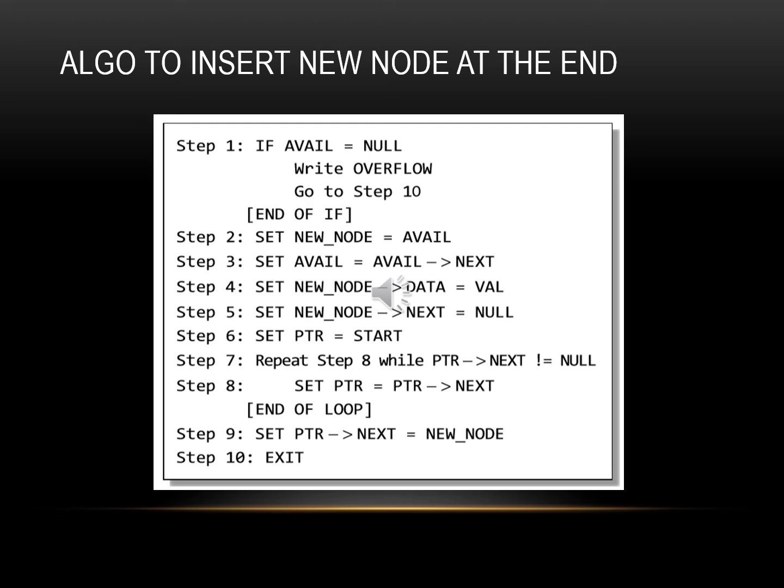And there is a loop. So we will repeat a certain step, step 8, while pointer next not equal to null. That means while the pointer reaches the existing last node, we will set pointer equal to pointer next. That is, we will just keep moving the pointer till it reaches the last node. When it reaches the last node, set pointer next equal to new node, which means the previous last node's next part will now contain the address of the new node.